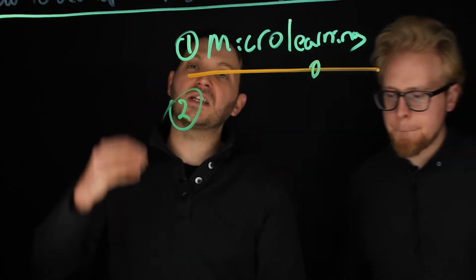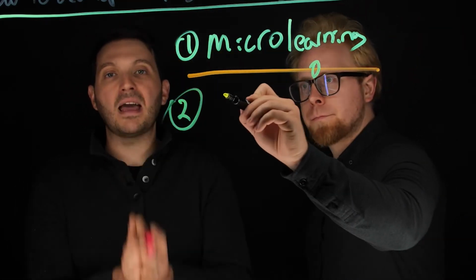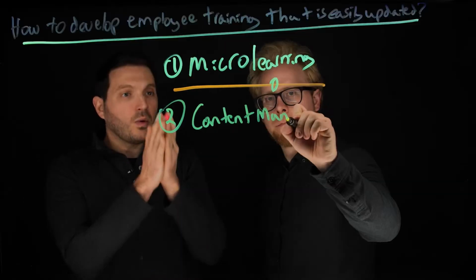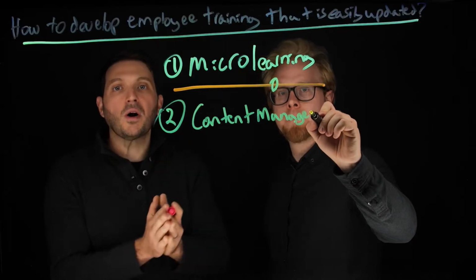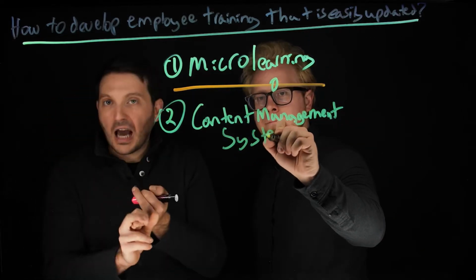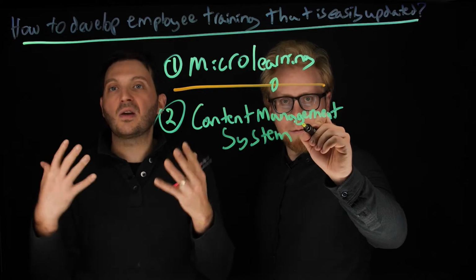The second thing is implementing a content management system. The biggest thing with the CMS, for short, is you get to see everything, the subject matter experts, the types of content, lengths of content, everything in one place.